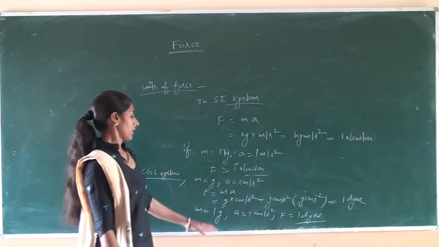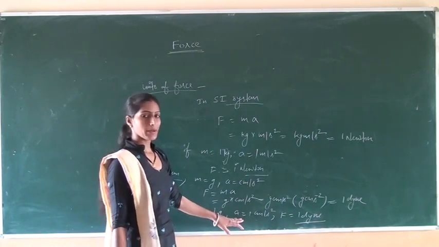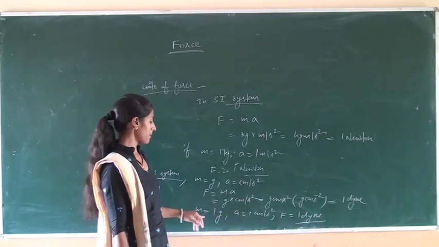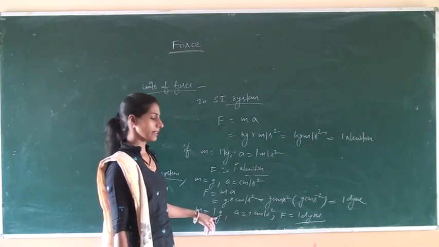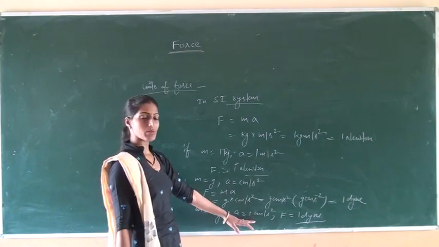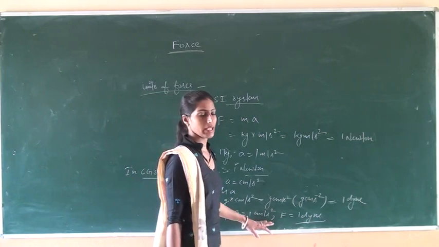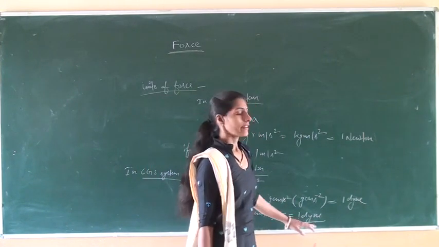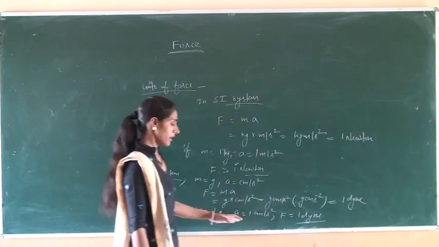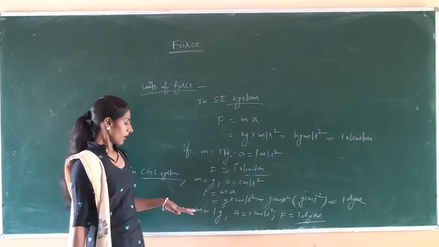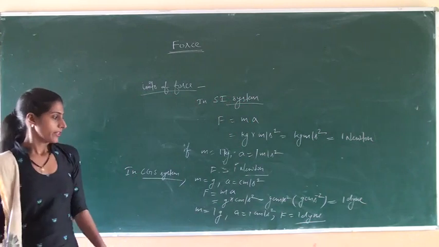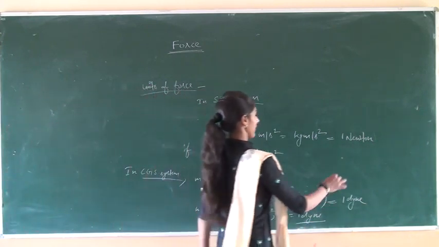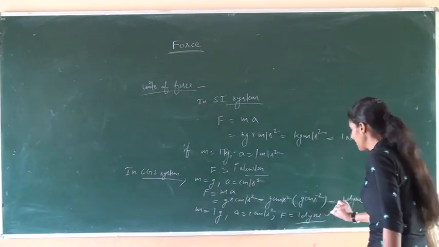Means, if force produced in the body when mass of the body is 1 gram and acceleration produced by the body is 1 centimeter per second square, then force produced in the body is 1 Dyn. Okay? Understand?